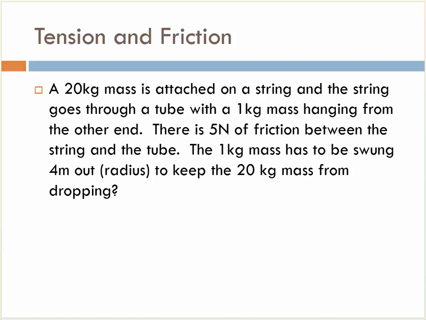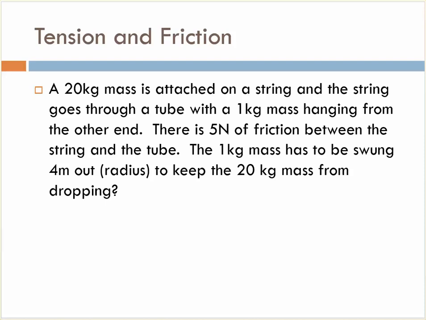All right, last problem here for the day. We've got this 20 kilogram mass attached on a string, and the string goes through a tube with a 1 kilogram mass hanging from the other end. So it's very similar to our last problem. The difference here now is we're going to say there's 5 newtons of friction between the string and the tube. So we've added now the tension in the string, which is being supplied by the weight, and now we're adding a frictional force between the string and the side of the tube.